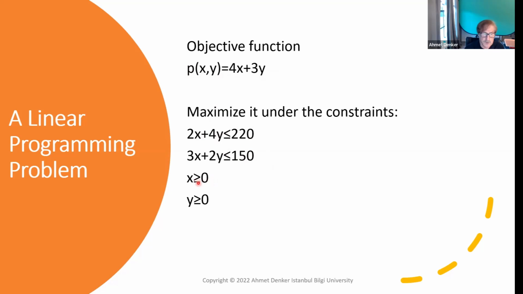Also, the variables we set must be positive variables. If they are negative, we can create new variables by multiplying by -1. So this is not a limitation, saying that the constraints must come this way, the objective function must be a positive function, or the variables must be positive.